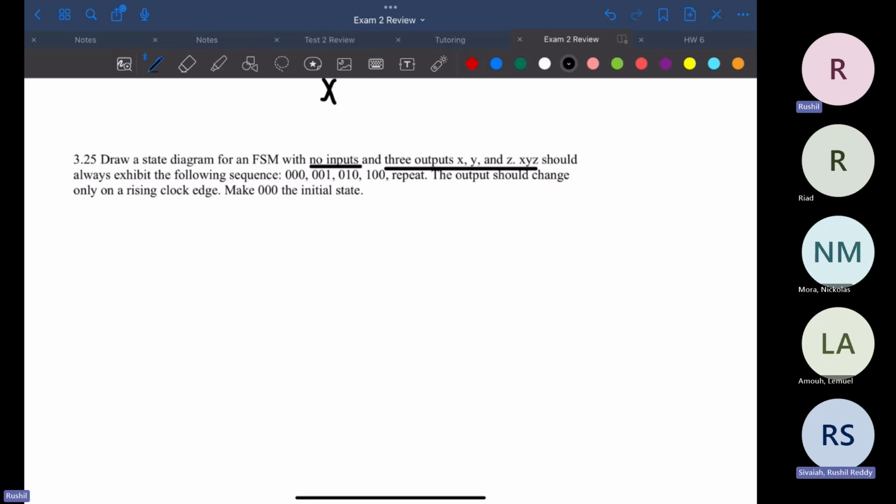Wait, no, I thought Mealy was output. No, Mealy is both input and output. Moore is just input. Mealy is both. So you technically could force this to be a Mealy model. Should you?